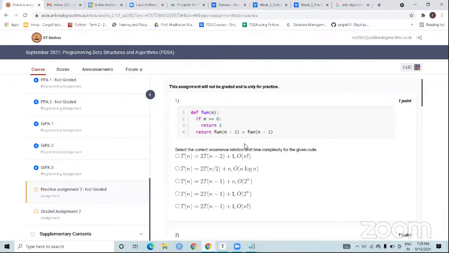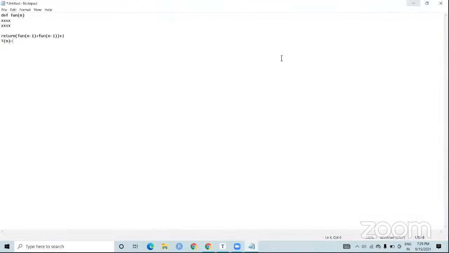Are you talking about this one? Yes, sir. So what are you saying about this question? Factorial n?